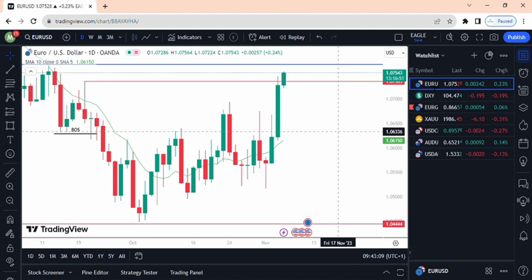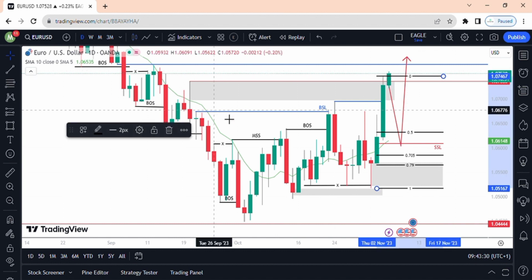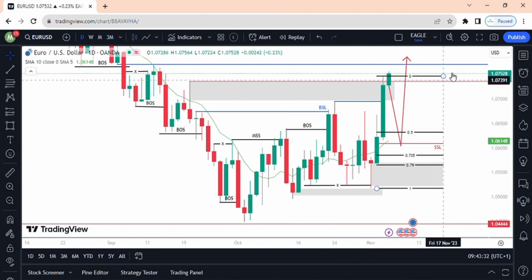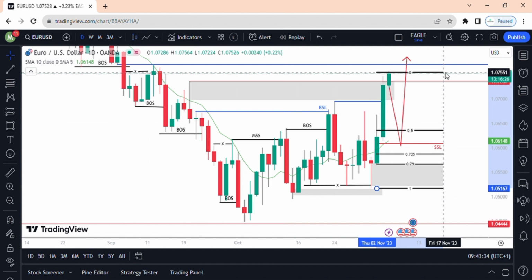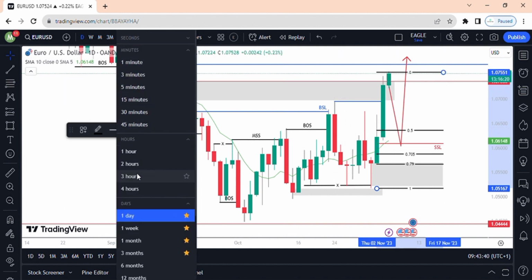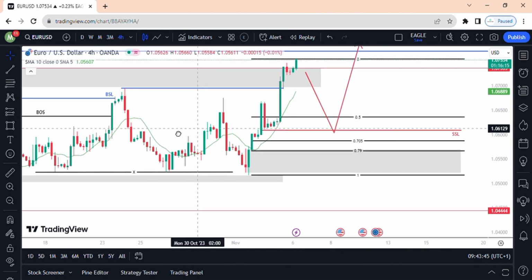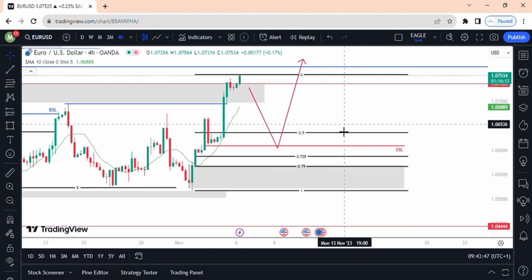On Euro USD, we are going to see a similar thing, but just the opposite of the dollar. So the euro is moving upward, but I already did some analysis the day before today, which in the 4-hour time frame, I have just 2 entries in this level. That means if price comes below the 0.50% level, I have just 2 entries.